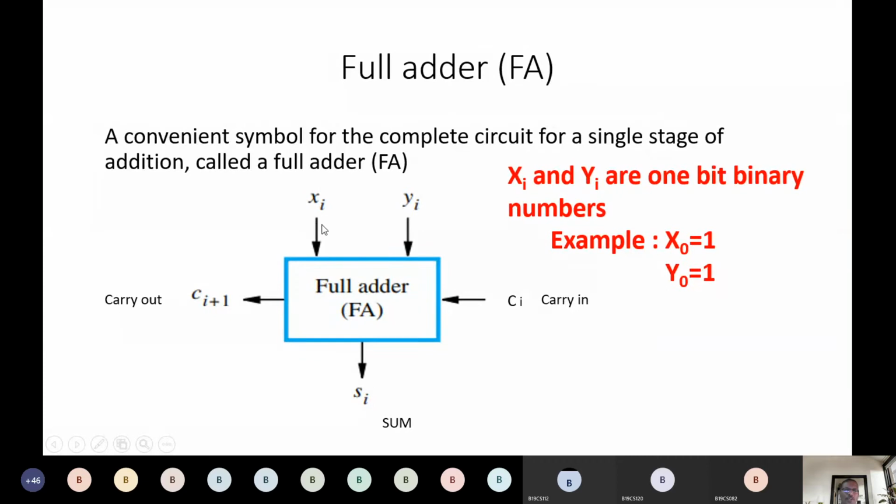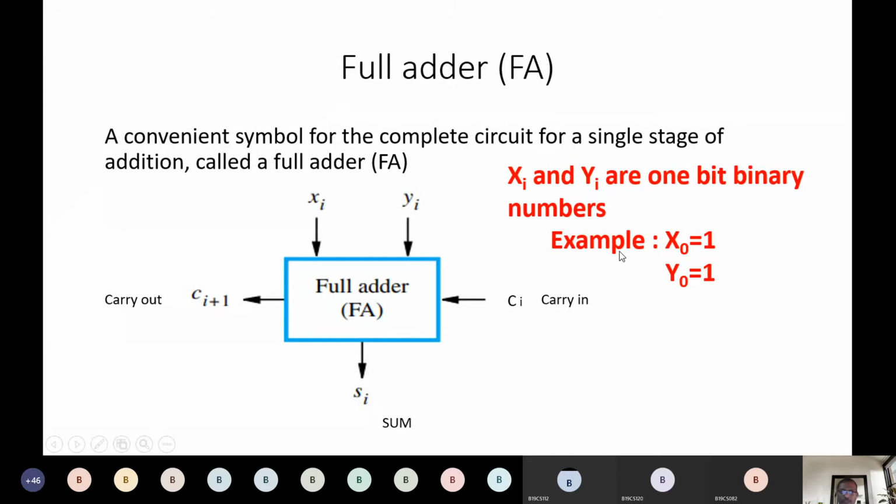A full adder takes 1 bit, even carry in, and from these 3 inputs it generates a sum and also a carry out. And remember, these are 1 bit.